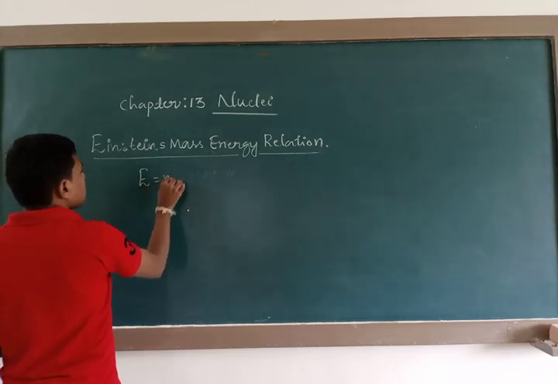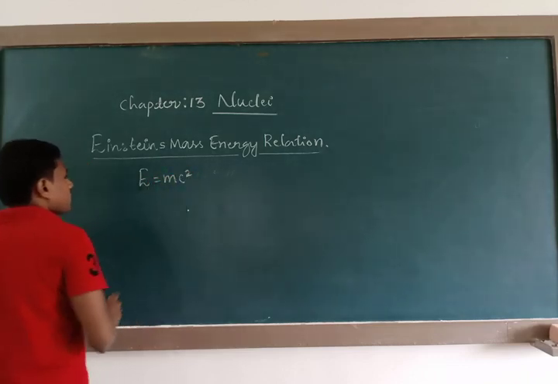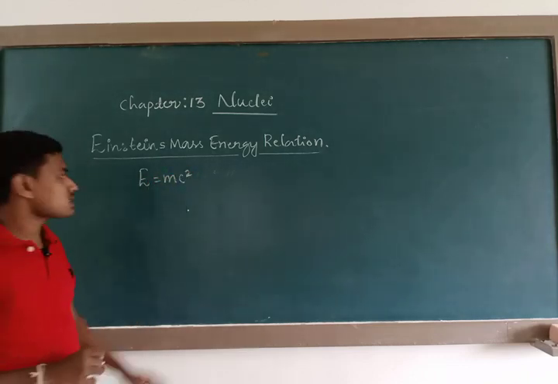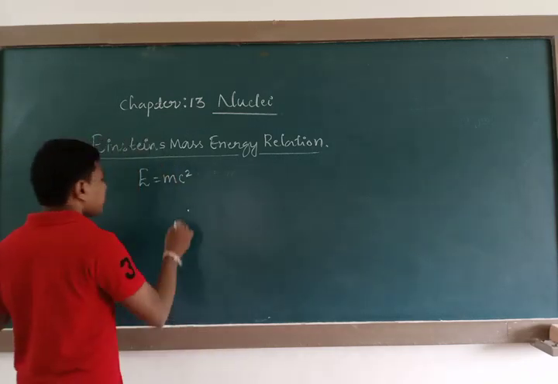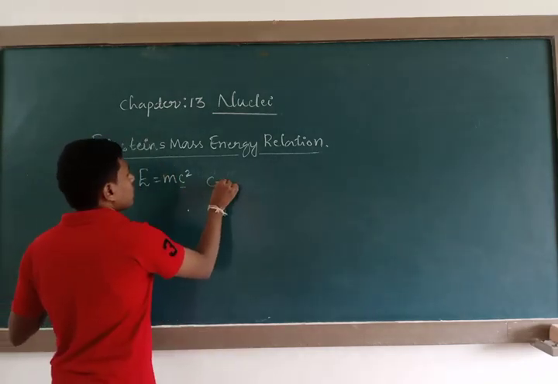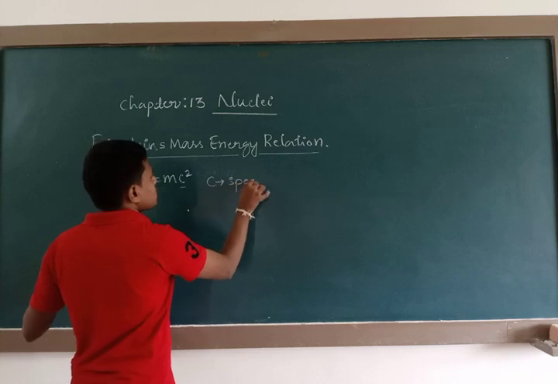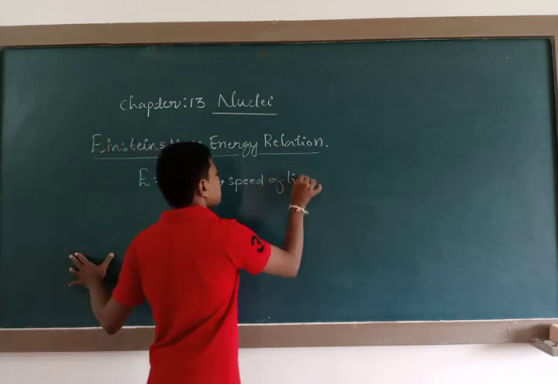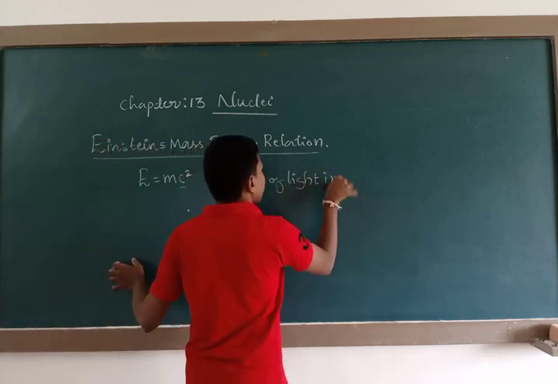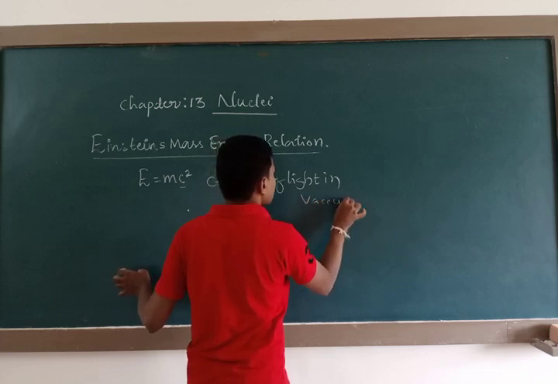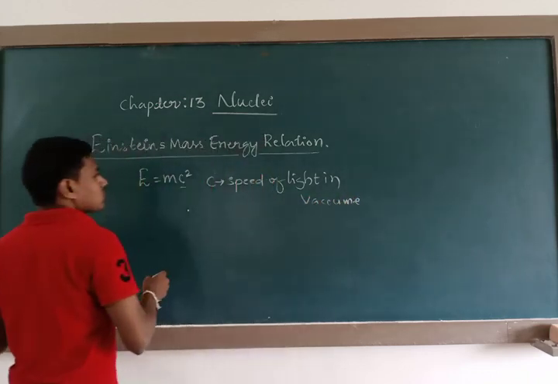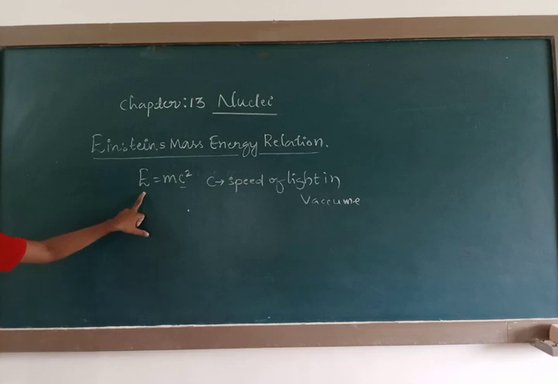That equation is E = mc², where m is the mass, and c is the speed of light in vacuum. It means this is an equation for energy equivalent to mass.